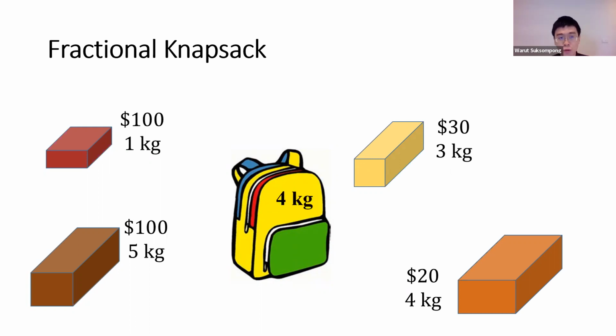And if you include half of an item, then you also get half of its value, right? Like for this top left item, it's worth $100 and it has a weight of 1 kilogram. So you could choose to include, say, 0.6 kilogram of this item and you'll get the value of $60. So you can choose any fraction of an item that you want.